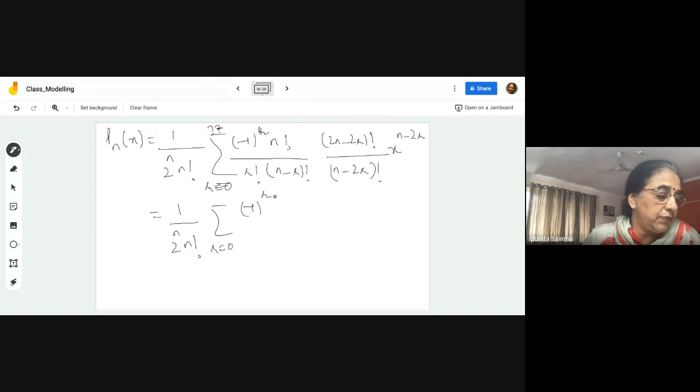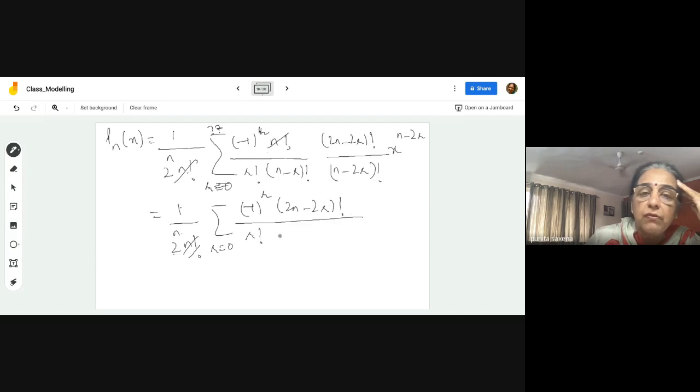Look at this n factorial and then this n factorial can get cancelled and we'll just have 1 upon 2 to the power n summation minus 1 to the power r 2n minus 2r factorial upon r factorial n minus r factorial into n minus 2r factorial x to the power n minus 2r.